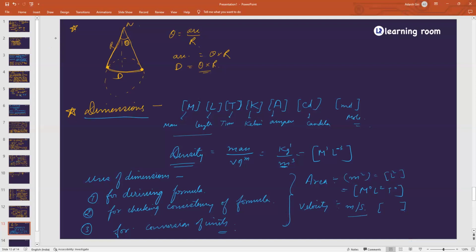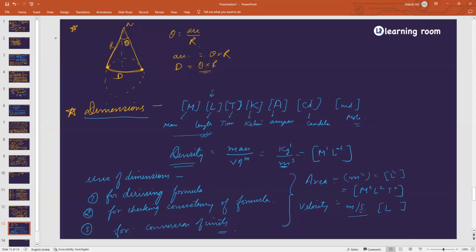Length. What dimensions do we use for length? Not the unit, the dimension. L. See from here, Akhil. What dimension we will use for second? T.